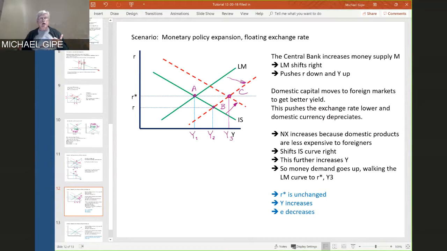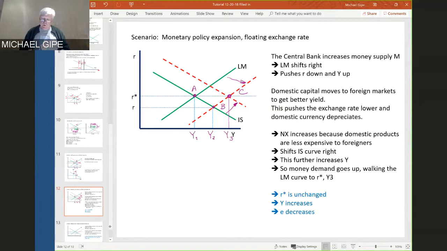The economic output Y has increased, and our currency has depreciated in order to bring things back into balance at that same interest rate. And it means that our domestic current account deficit will be reducing. It'll be moving more towards exports.